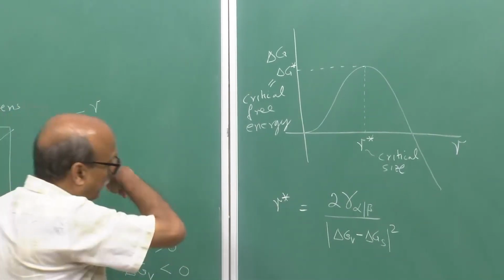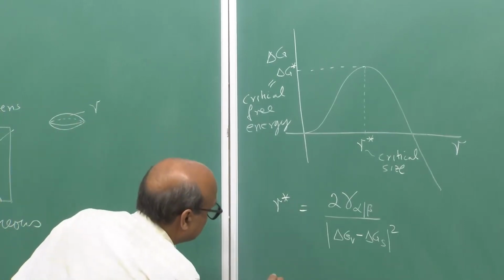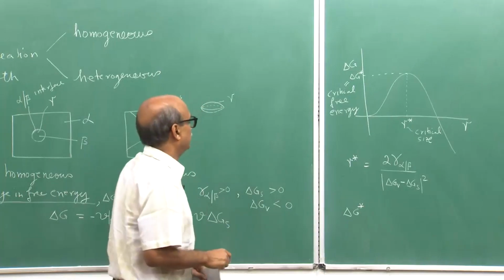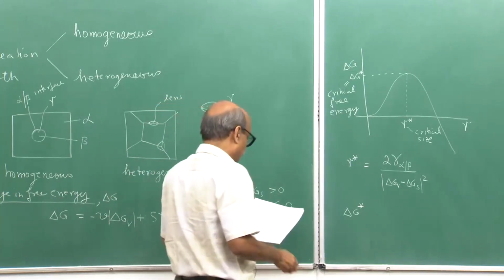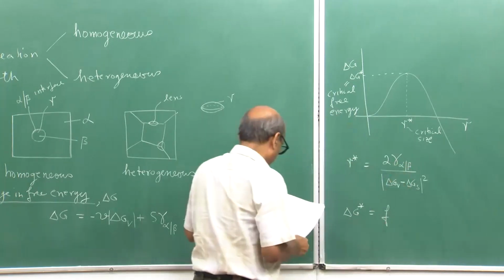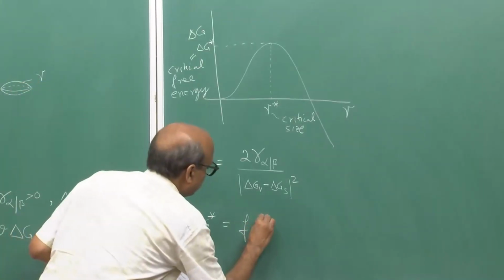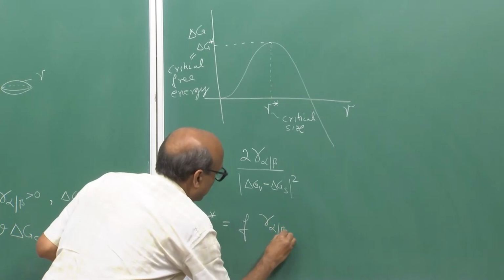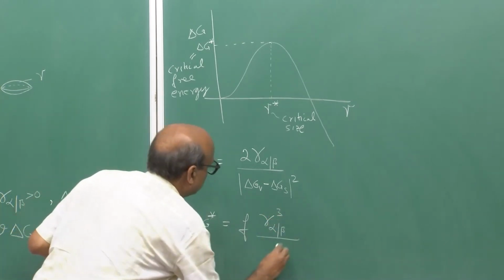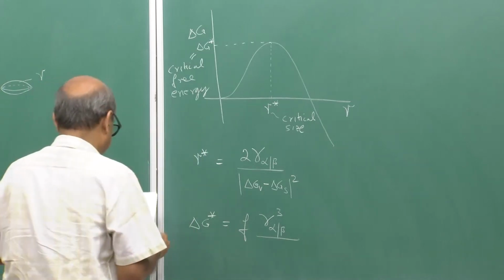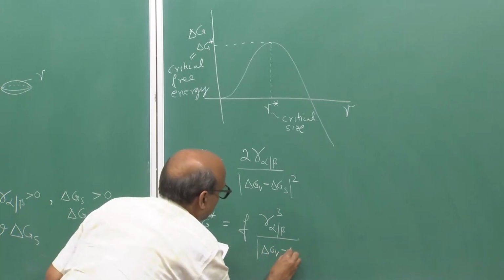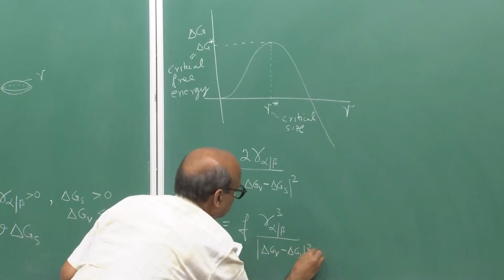Corresponding to the critical size of the nucleus, the critical free energy delta G star was derived as some constant F times gamma alpha beta cube divided by delta GV minus delta GS square.